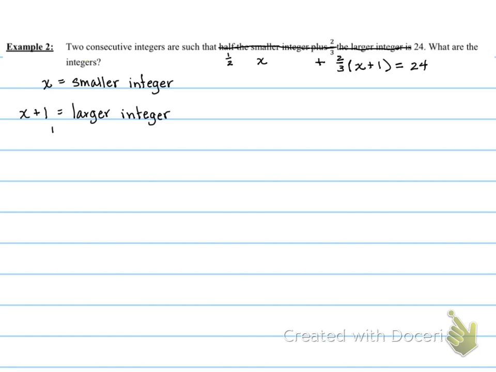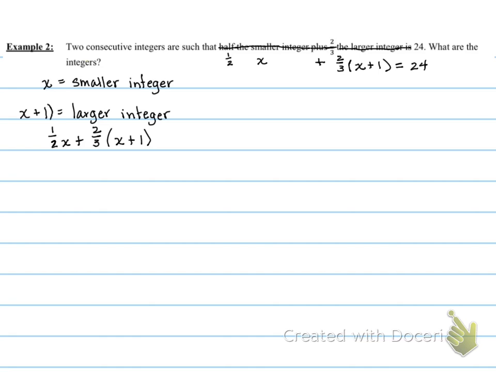So 1/2 x plus 2/3 times x plus 1. And notice I had to put those parentheses in. The way I know when I need parentheses when I'm translating a sentence is if I have an expression like x plus 1 that represents a single value, so a length, an age, a number, then I'm going to group it with parentheses.